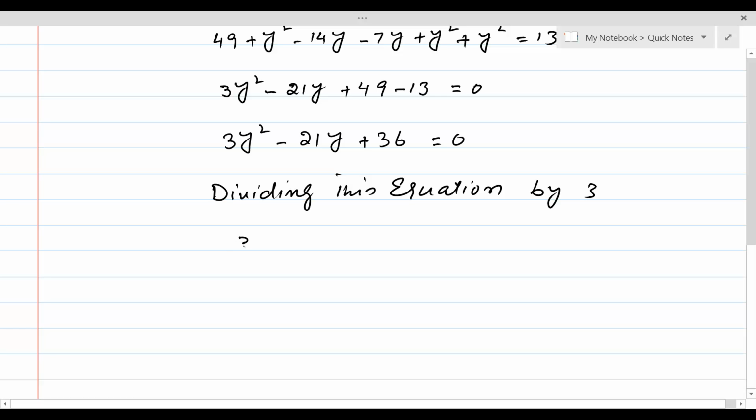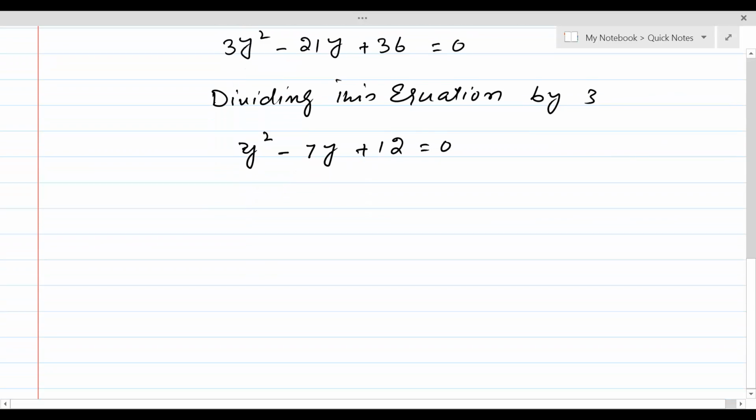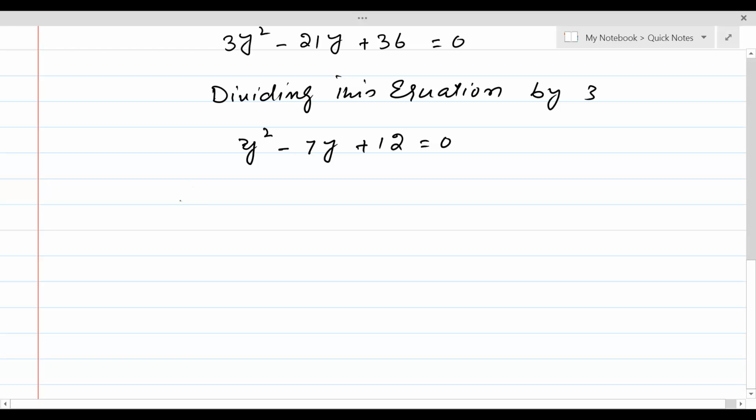So this will become y² − 7y + 12 equal to 0, which is a quadratic equation, quadratic in y, and which can be easily solved.